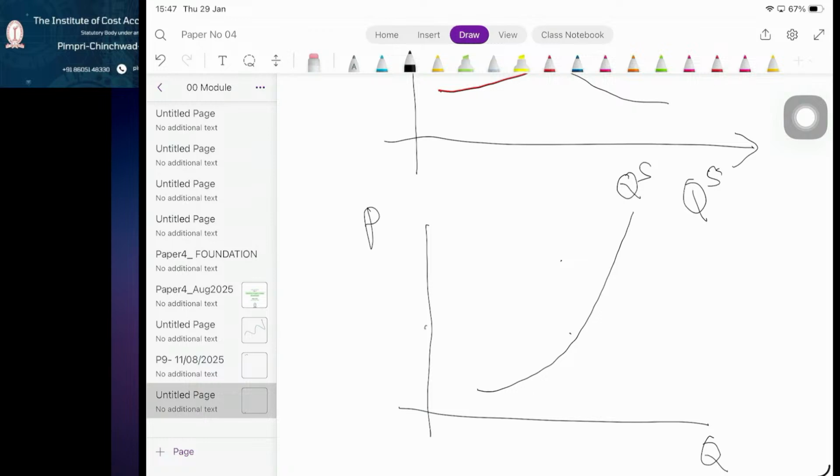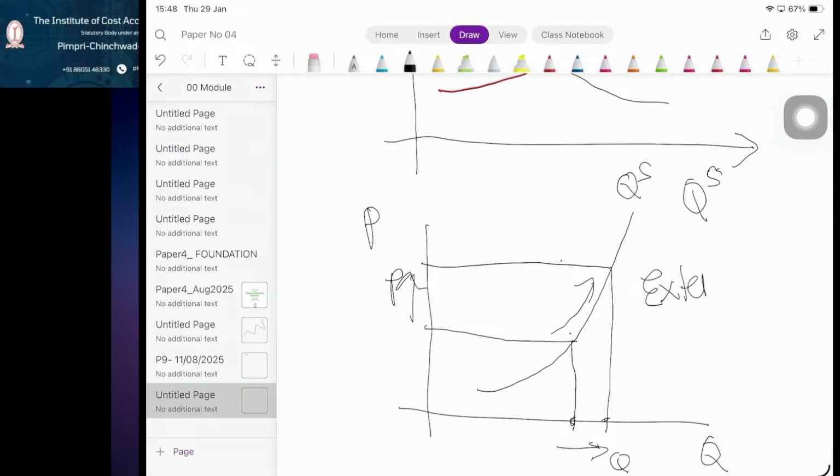Okay, so if I show something like this, price has gone up and the quantity supplied has also increased. This movement in the supply curve is called extension of supply.